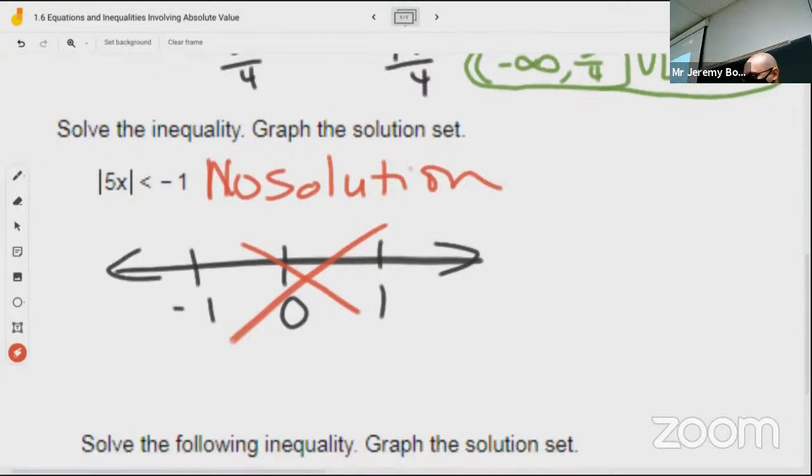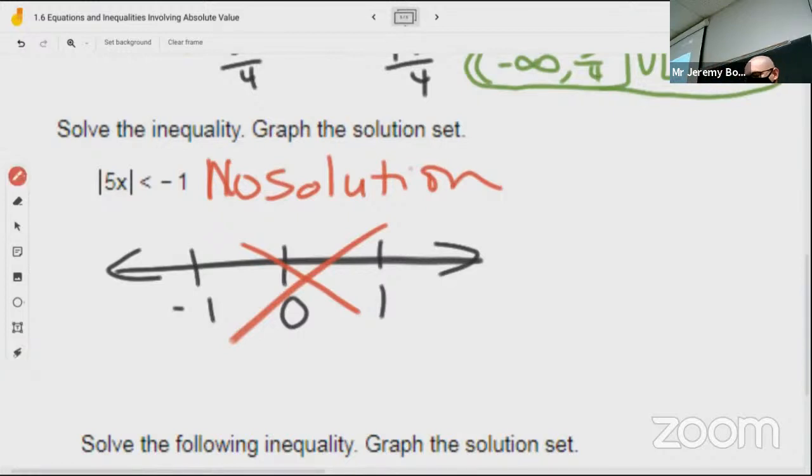What if it was greater than a negative? If it was greater than -1, what do you think it would be? It would be 0 and all positive numbers, excluding the negative. You're close. It could be anything. It could be negative infinity to positive infinity. Because no matter what I put inside the absolute value, it's always going to be greater than -1. It's either going to be 0 or positive, right?